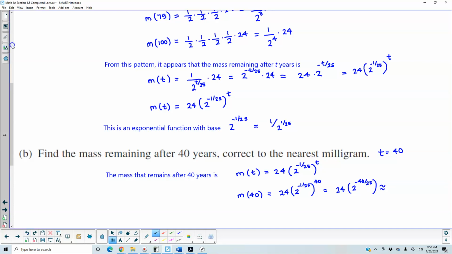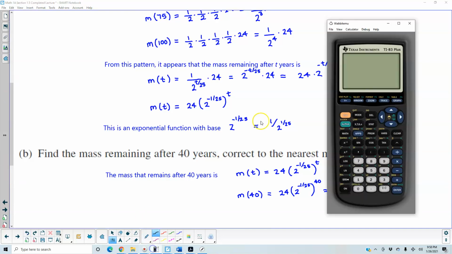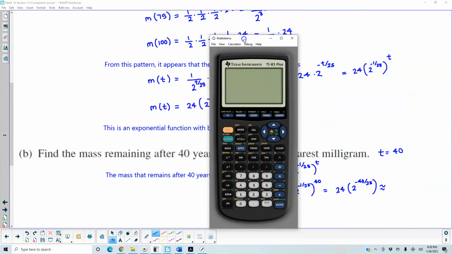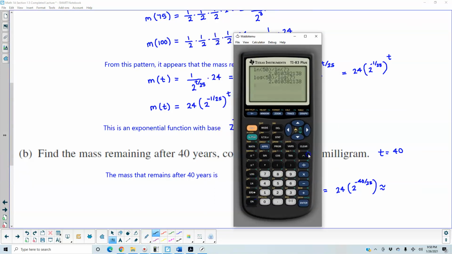So what does that give us? Well, let's go ahead and plug that into our calculator. We have 24 times 2 to the power of negative 40 divided by 25.